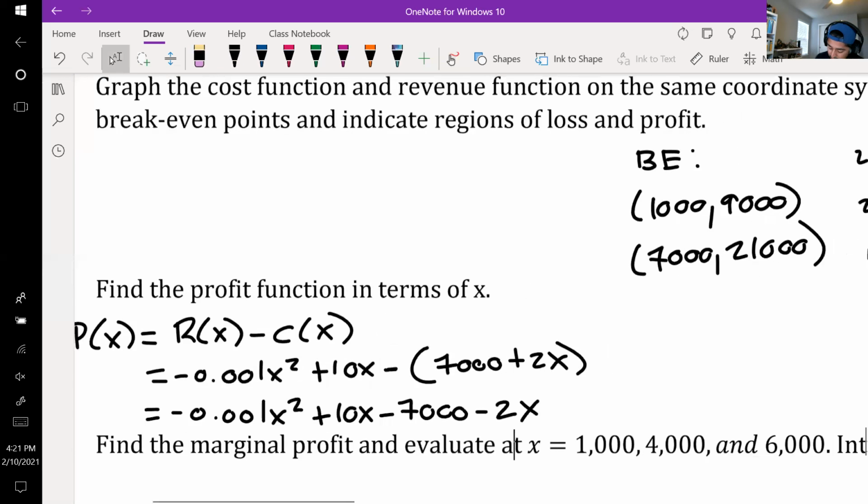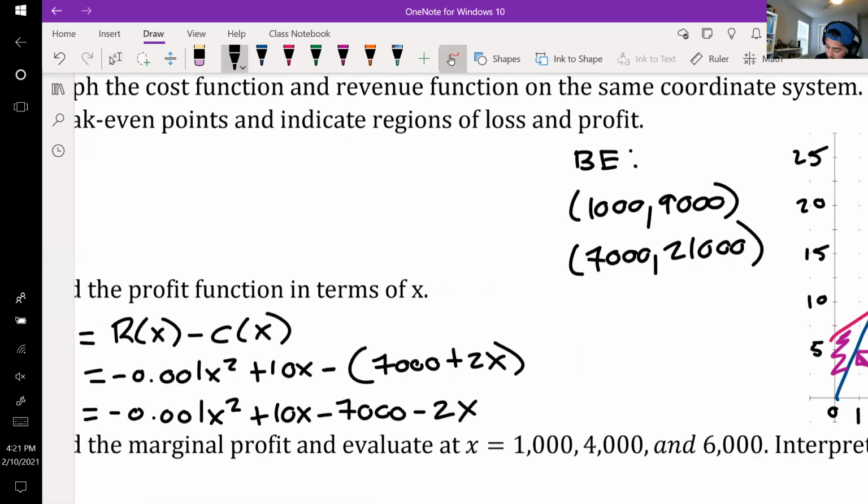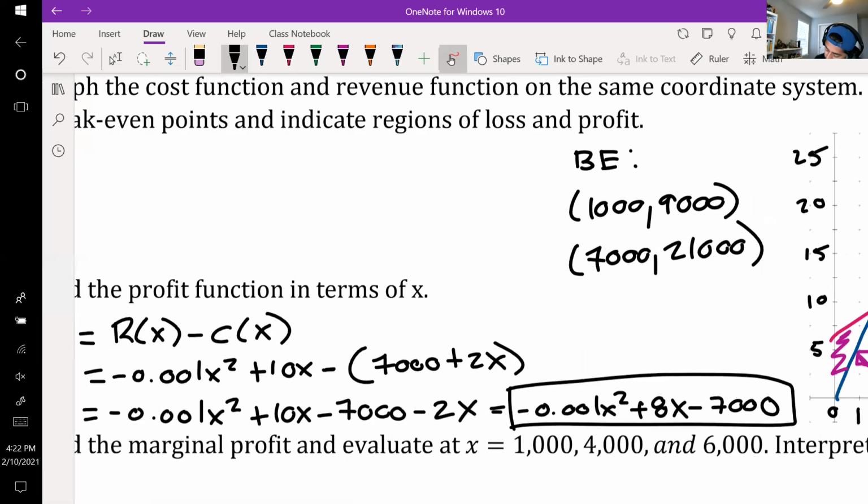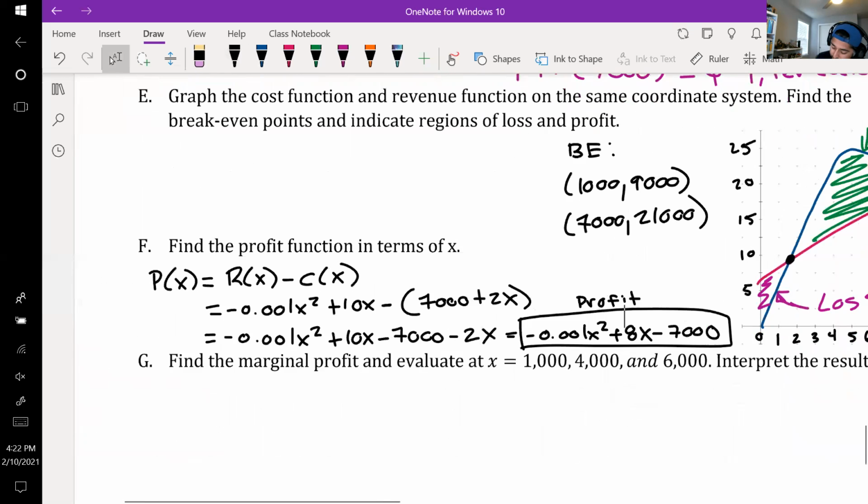And our profit function is going to be negative 0.001x squared plus 8x minus 7,000. There's profit.